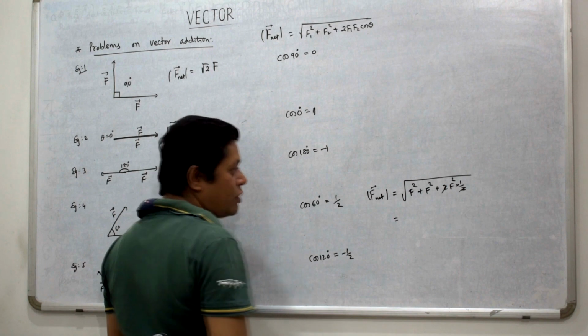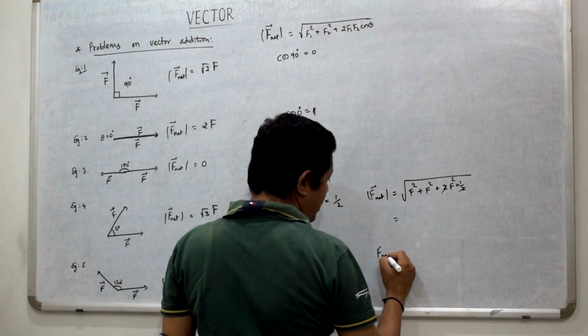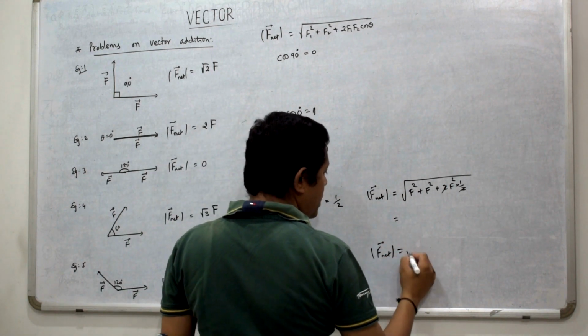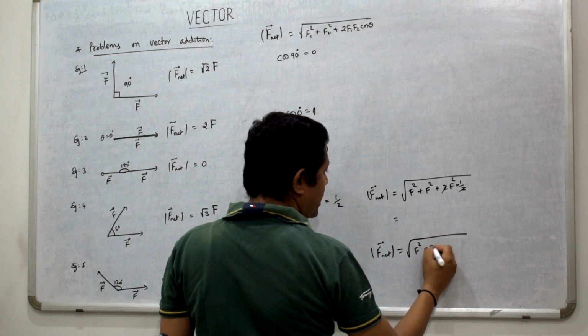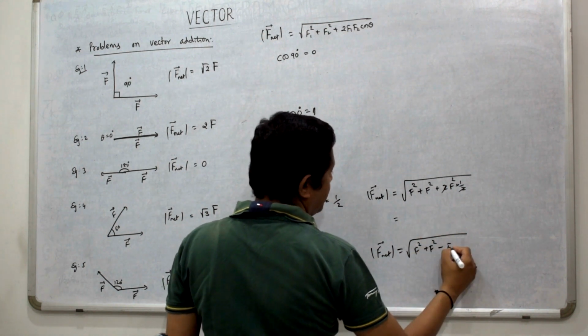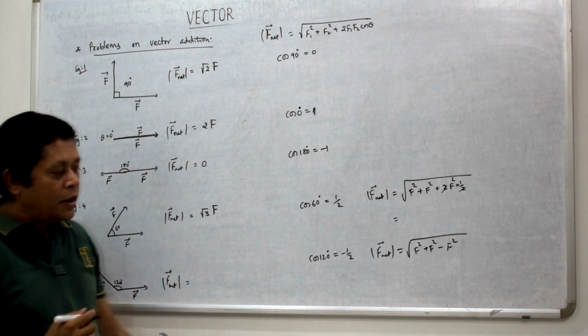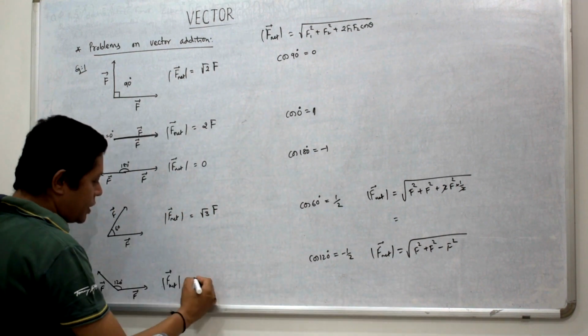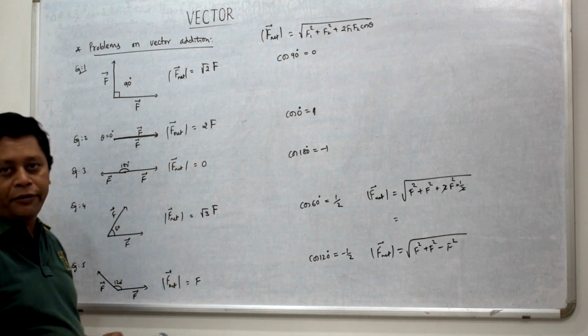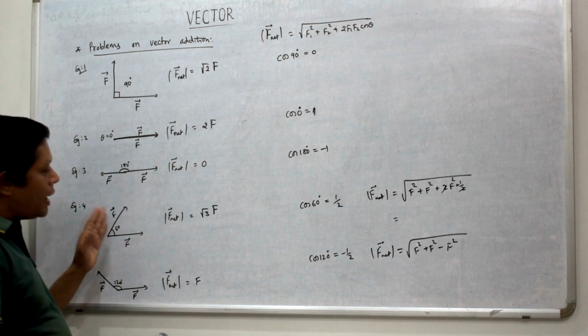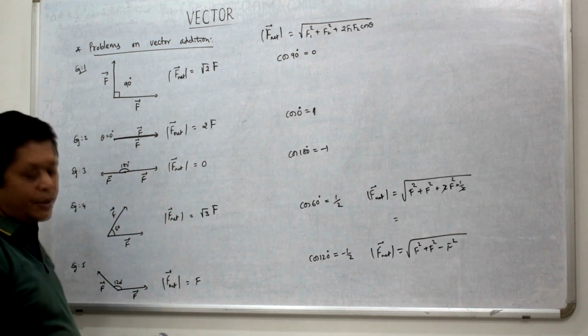Then F net will be the square root of F² plus F² minus F²; they cancel, so it is the square root of F², so the resultant is equal to F. This way, whatever the angle between two vectors, you can find out the resultant.